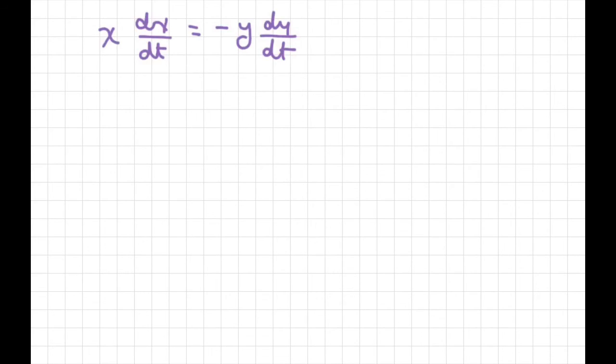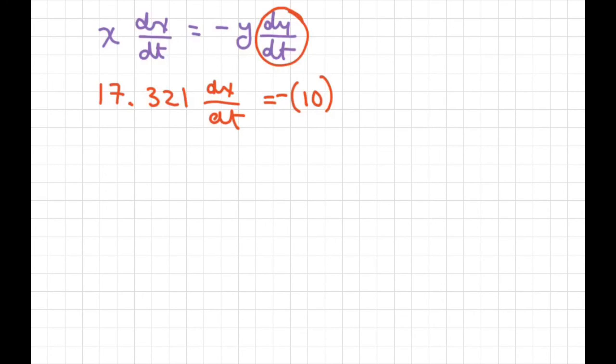Alright, so just plug everything else in, and you get x is 17.321, derivative of x with respect to time. Our y is going to be 10, but it's going to be negative there. And our derivative of y with respect to t, which was given to us, is -5.